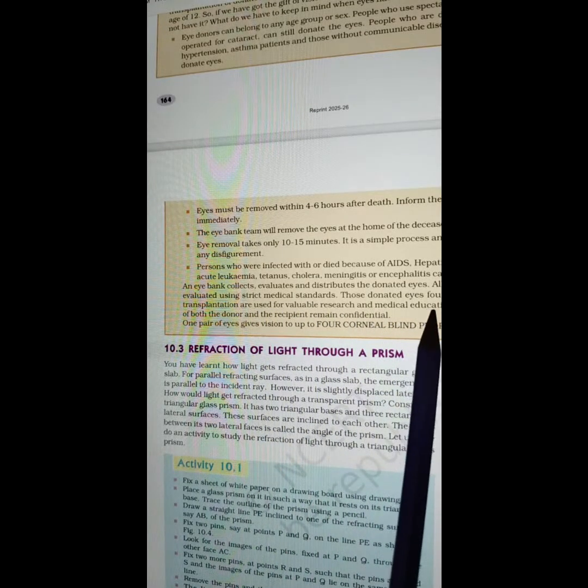Those donated eyes found unsuitable for transplantation are used for valuable research and medical education. The identities of both the donor and the recipient remain confidential. One pair of eyes gives vision to up to four corneal blind people.